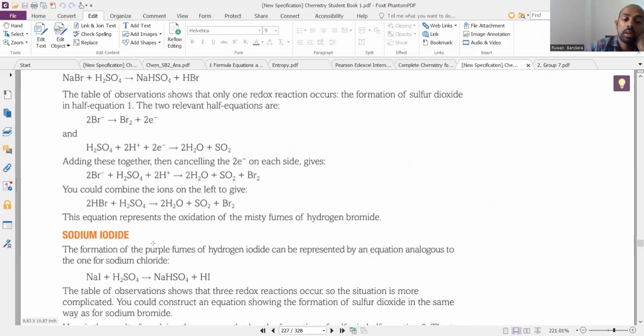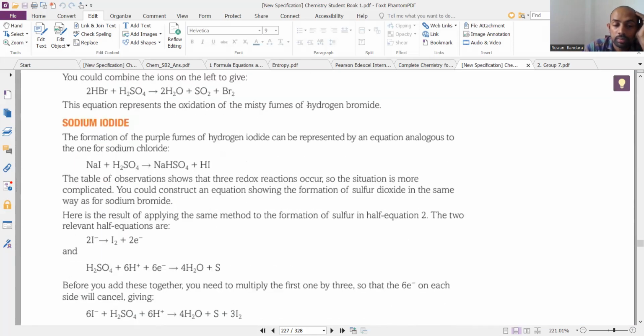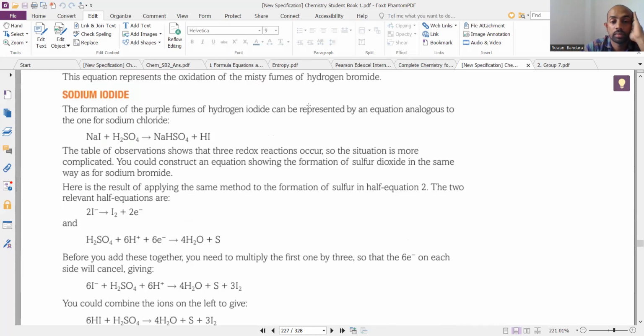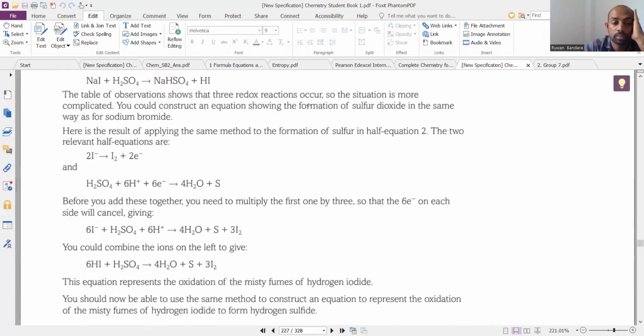Then write down: iodide is a stronger reducing agent. Therefore it produces yellow solid sulfur as well.